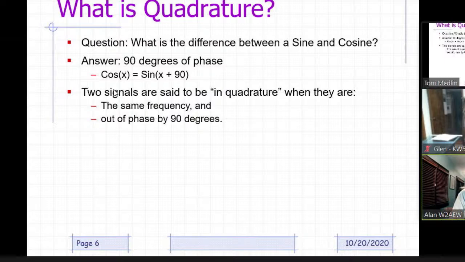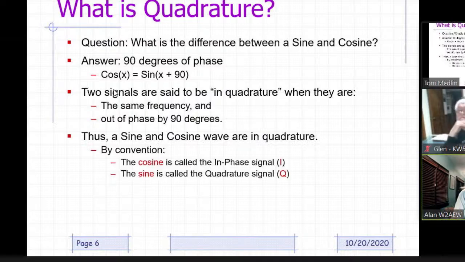So sine and cosine waves, by their very nature, are waveforms in quadrature. If we adopt the convention that the cosine wave is the in-phase signal, essentially our reference, abbreviated I, the sine wave is then called the quadrature signal, or the Q signal.